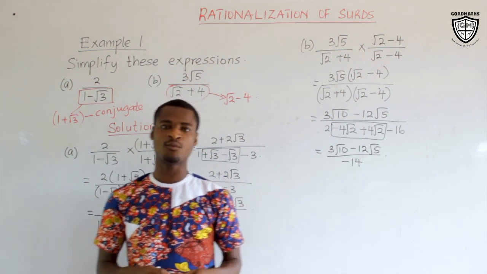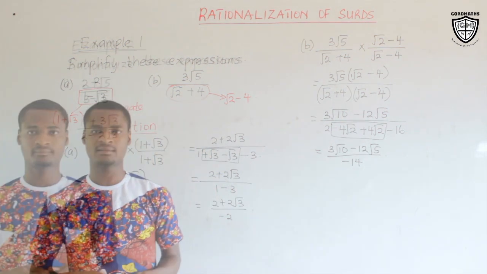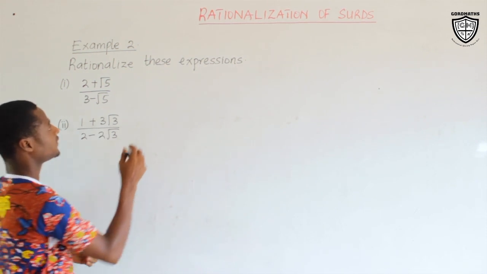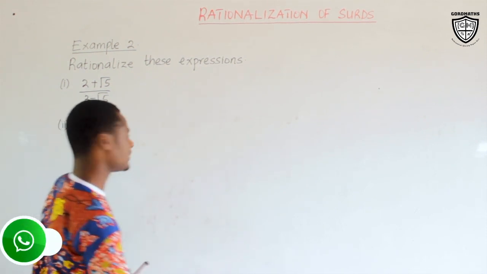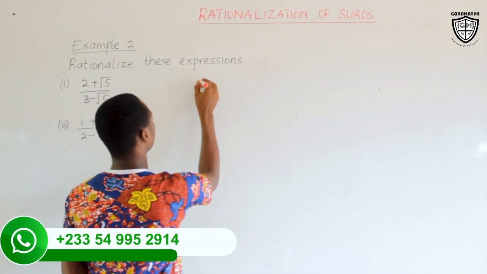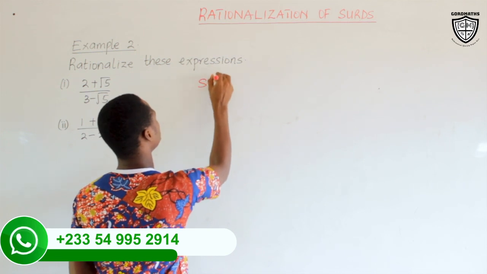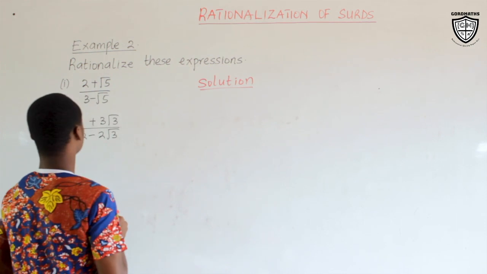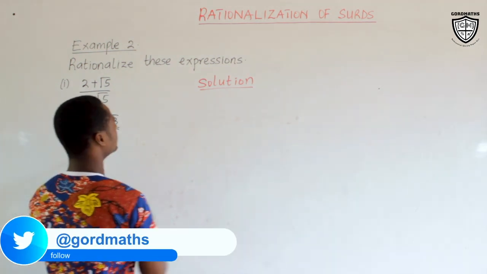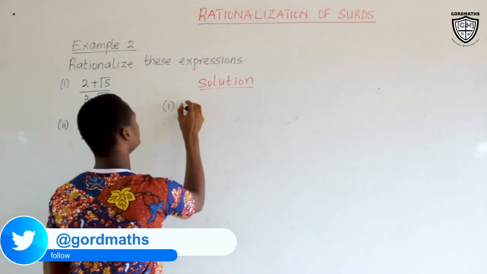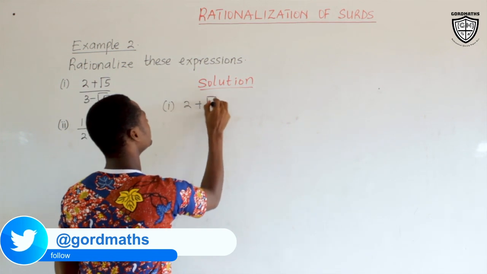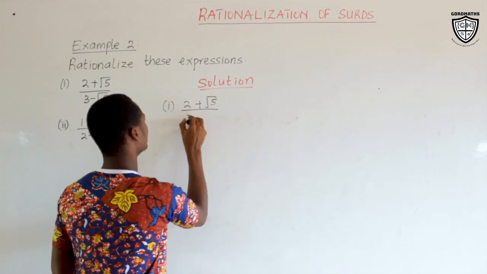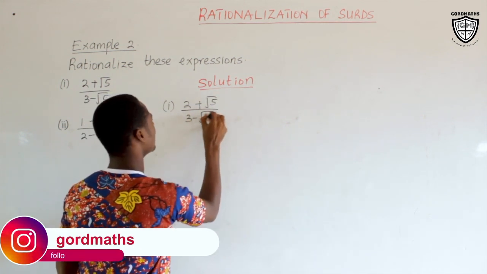And we'll take a few more complicated examples. So for the first question, let's do our solution here. We have 2 plus root 5 over 3 minus root 5.